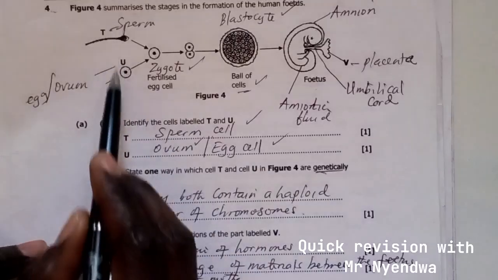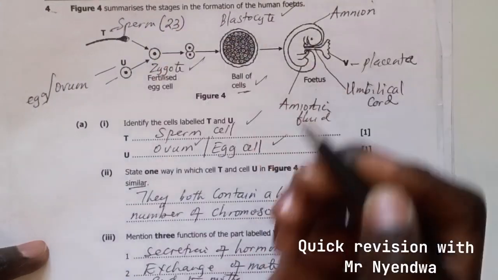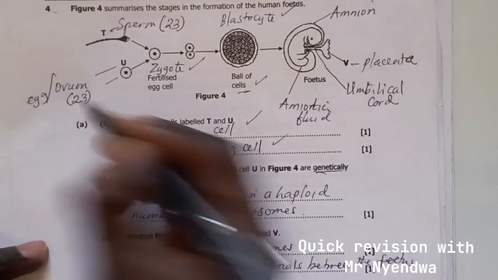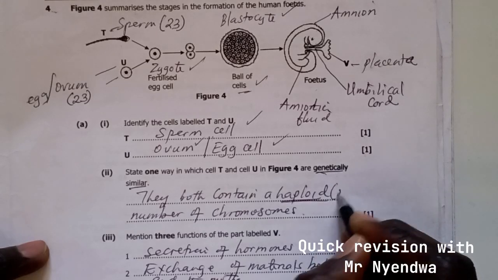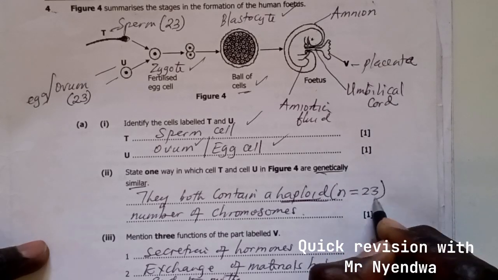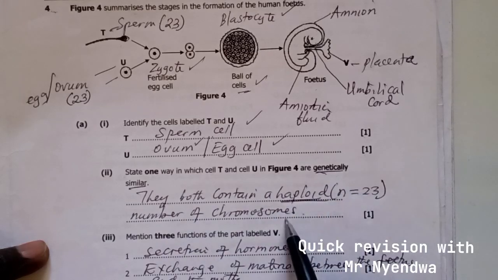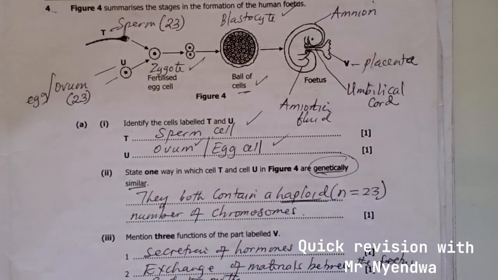Remember, the two cells have a haploid number of chromosomes. This one has 23 chromosomes, and the ovum or the egg also has 23 chromosomes. That is what we call a haploid number, n equals 23. So they both contain a haploid number of chromosomes, and that is how they are genetically similar.